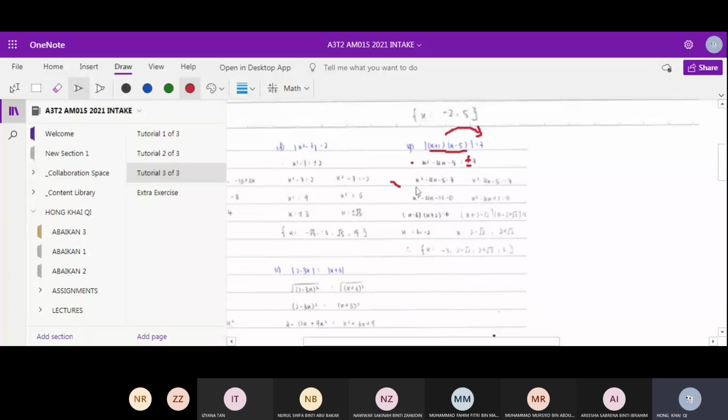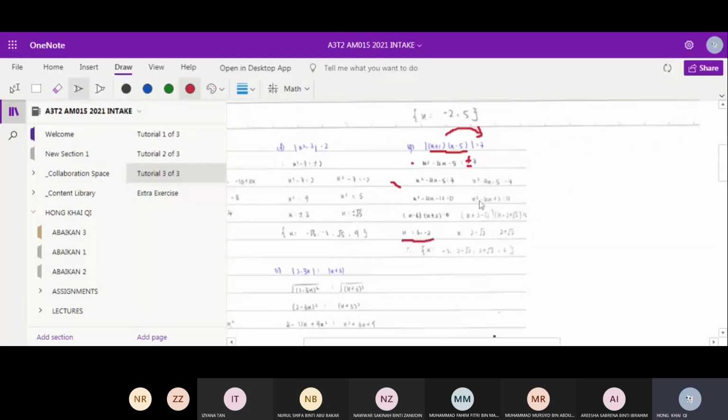So x squared minus 4x minus 5 equal to 7. Now we factorize, we calculate, and we'll get x equal to 6 and negative 2. And another equation, x squared minus 4x minus 5 equal to negative 7.